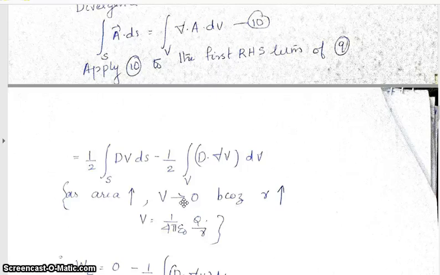That means the surface area is also increasing. So in short I can say, when surface area increases, the potential will approach 0. So here, since we are integrating over the surface, this term can be made equal to 0.